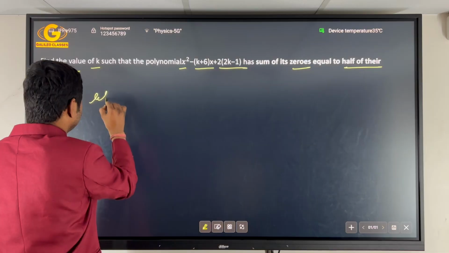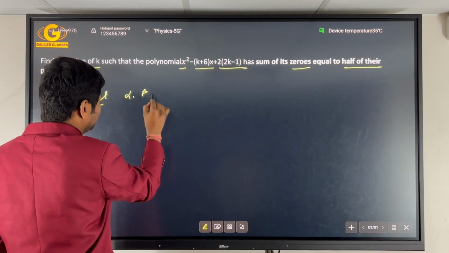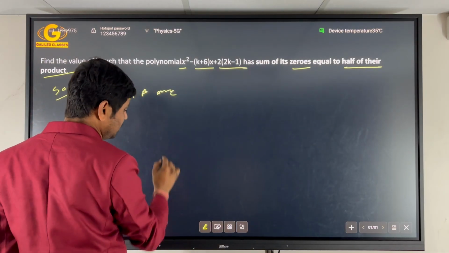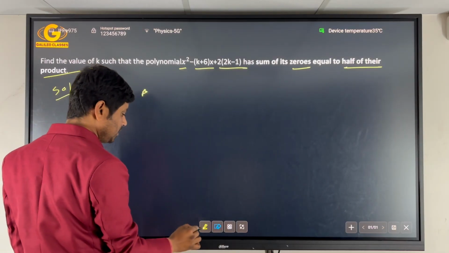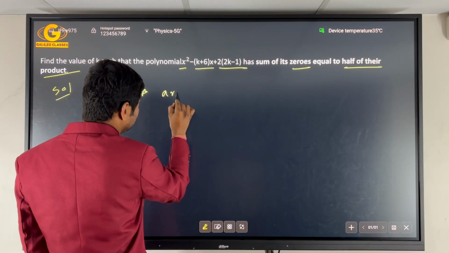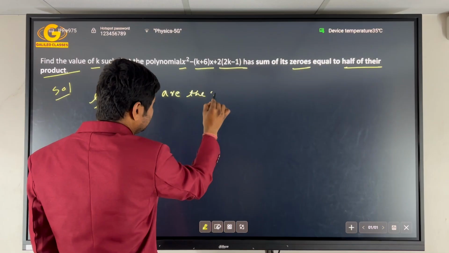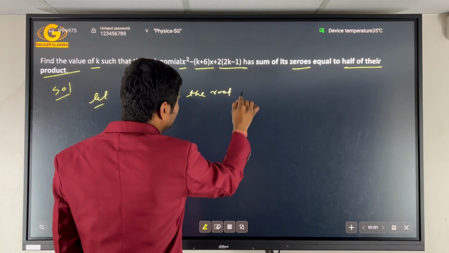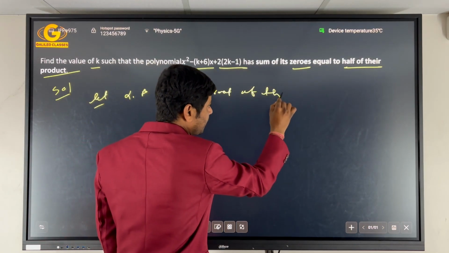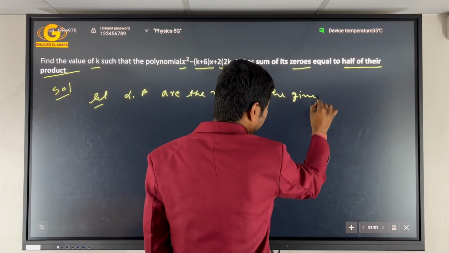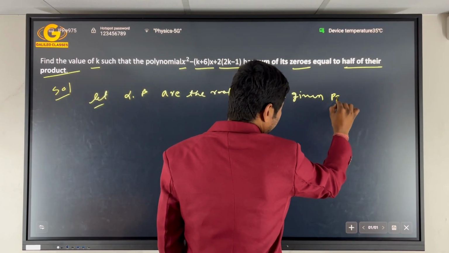Let alpha and beta be the roots of the given polynomial.